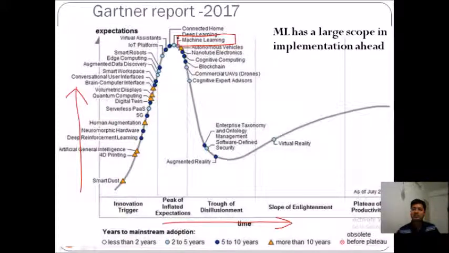This color shows that it is still to be adopted in mainstream, and it may take another 2 to 5 years. Still very few industries have adopted machine learning, so we have a very large scope of implementation ahead, and students may have a large scope of making their careers in the machine learning field.